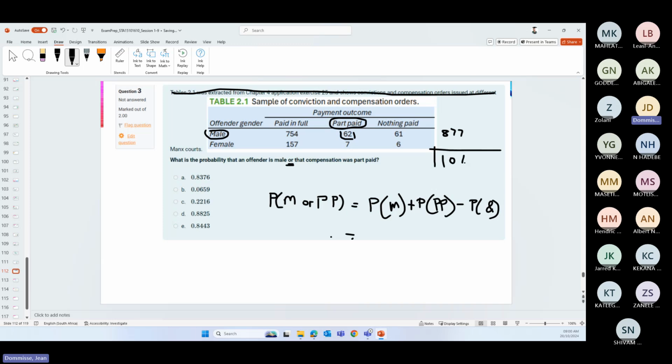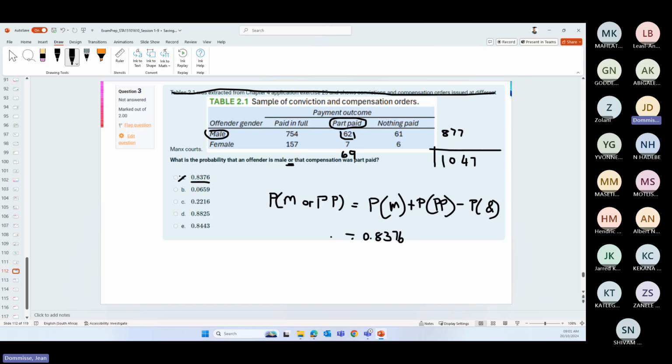Okay, weird number, 1047. I hope that is correct. And then if you add those two together, you get 96. Okay, so if we now need to work out the probability of male, it's 877 divided by 1047, which is 0.8376.